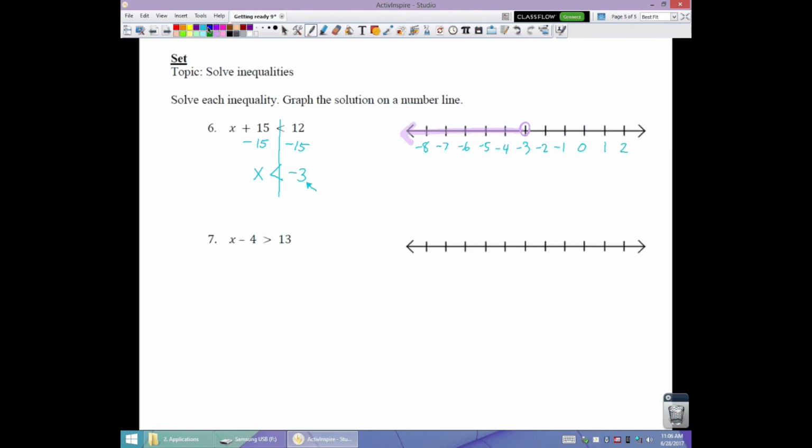Okay, number 7, we add 4 to both sides, leaving us with x greater than 17. So once again, I will take that 17, place it somewhere in the middle of the number line, number to the left and right, set up my scale.